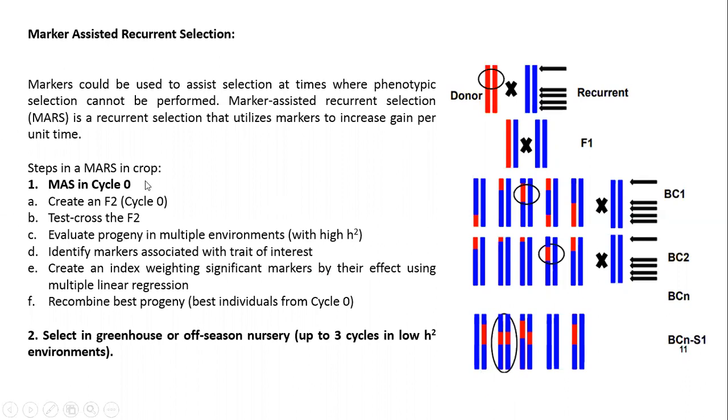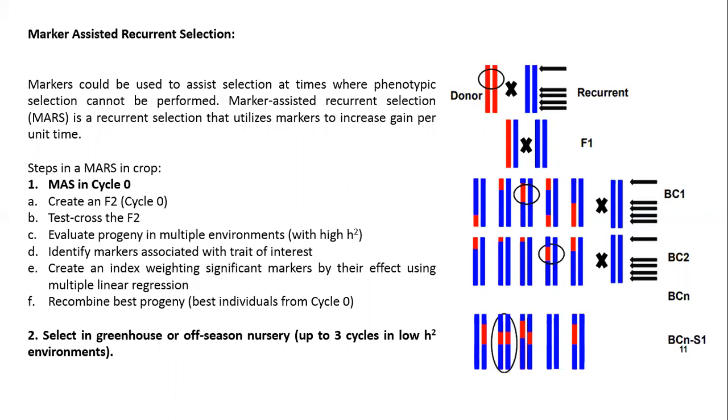So the markers could be used to assist selection at times where phenotype selection cannot be performed, and marker assisted recurrent selection is a recurrent selection that utilizes markers to increase gain per unit time.